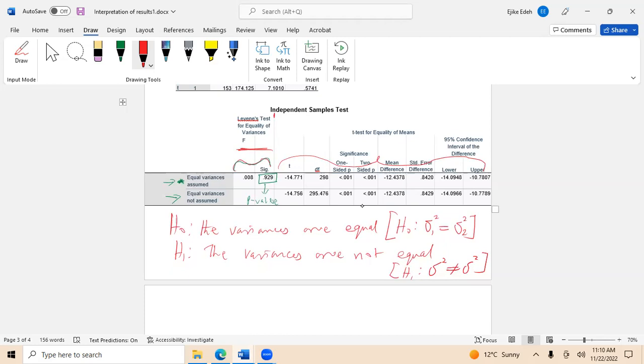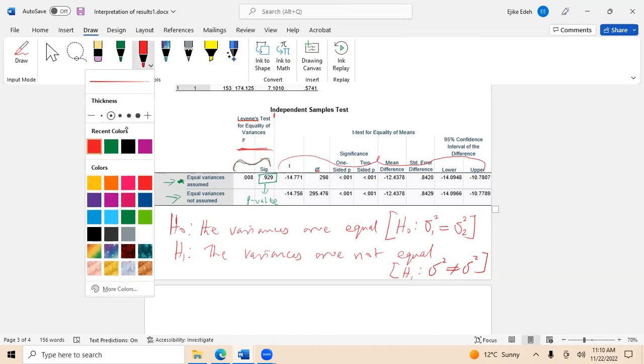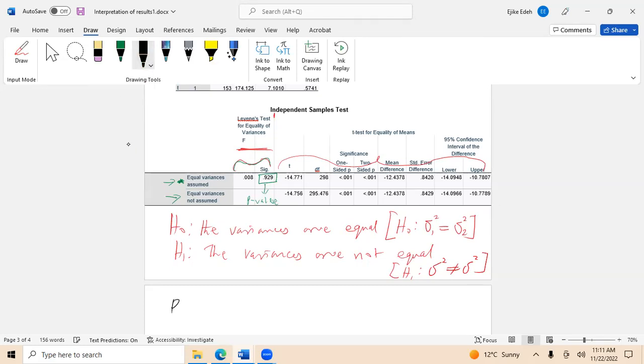How do we know when to reject and fail to reject? If the p-value of our test is less than alpha, we usually reject the null hypothesis. This could serve as a review for quiz 2, actually. We reject the null hypothesis.